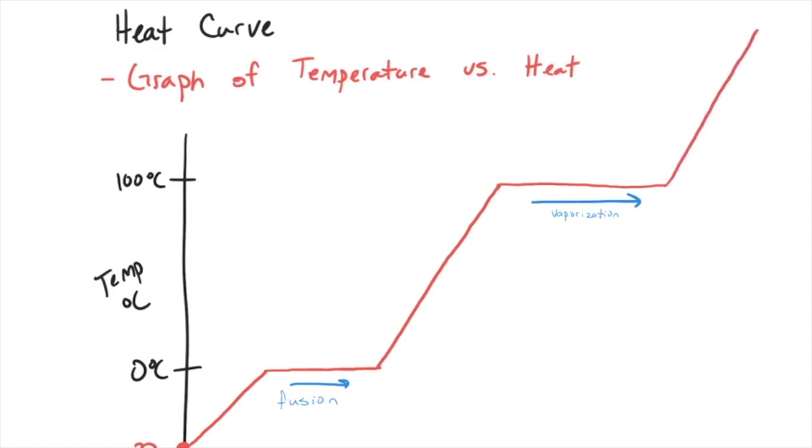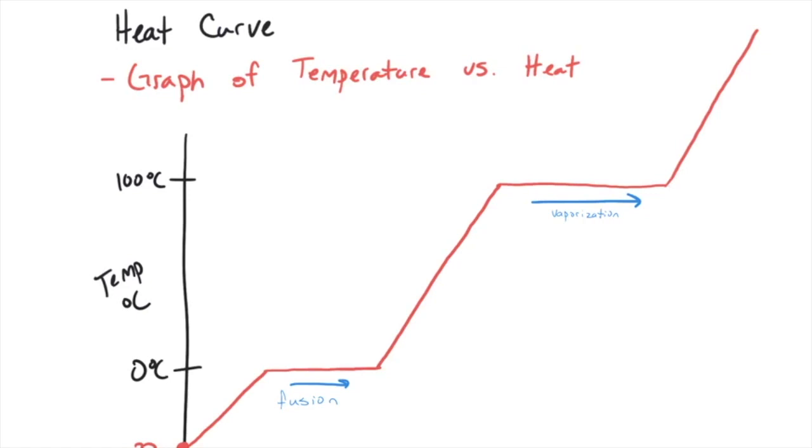But we'll stop here for now. This is the heat curve for water, starting at negative 20, going up to 0 and melting, then taking liquid water from 0 to 100, vaporizing, and then taking the water vapor from 100 up until a temperature where you want to stop.